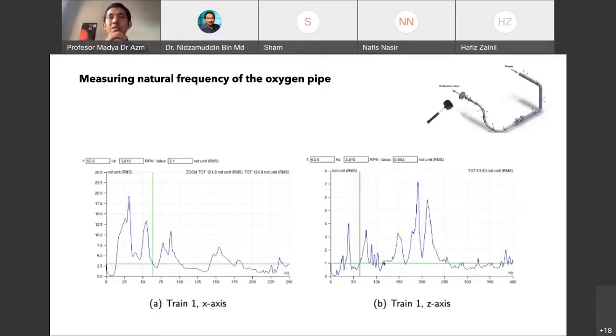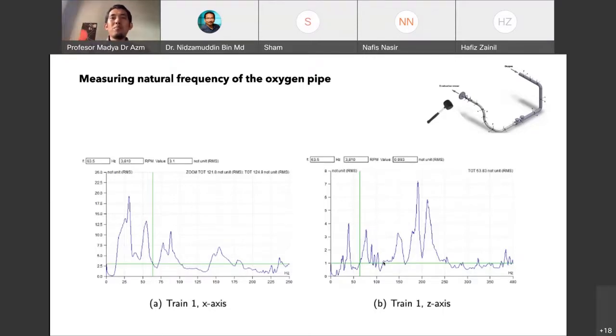Although it's not resonance, there is very high vibration at 63 hertz. If you want to imagine what 63 hertz is like, it's 63 oscillations in 1 second. So we cannot see the vibration by eye. If you come to the site, you will see the pipe is steady, with no vibration at all, because it is very high speed.